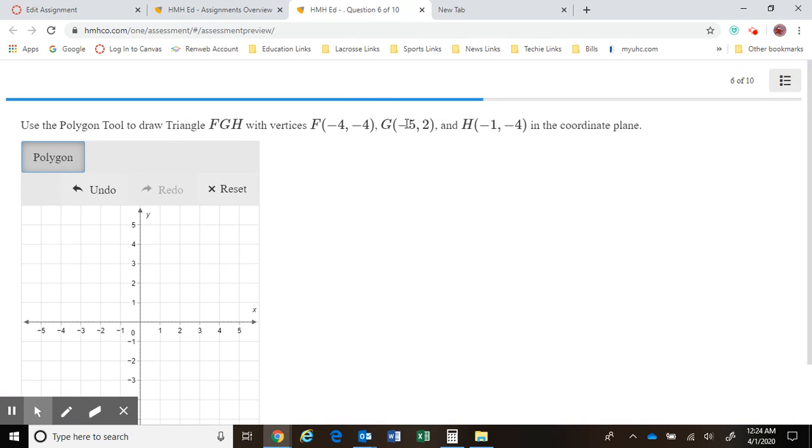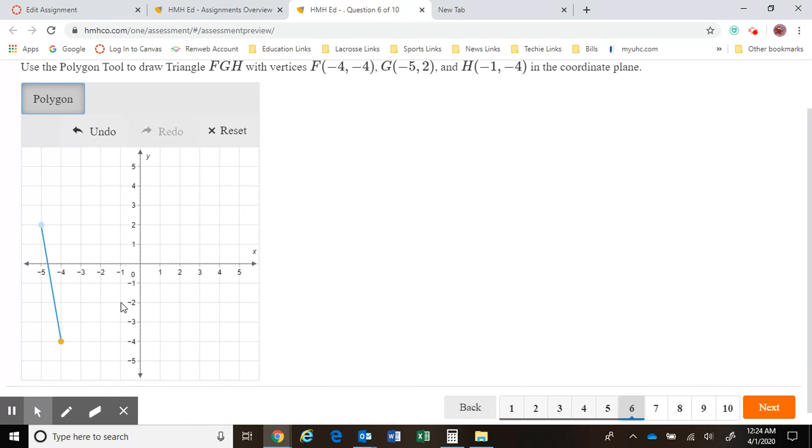I'm going to place a dot at -5, 2. So -5 and up 2. And I'm going to place a point at -1, -4. So let's see, back 1, down 4. 1, 2, 3, 4. All right, and I'm going to connect those three, and there is my triangle, as you can see.